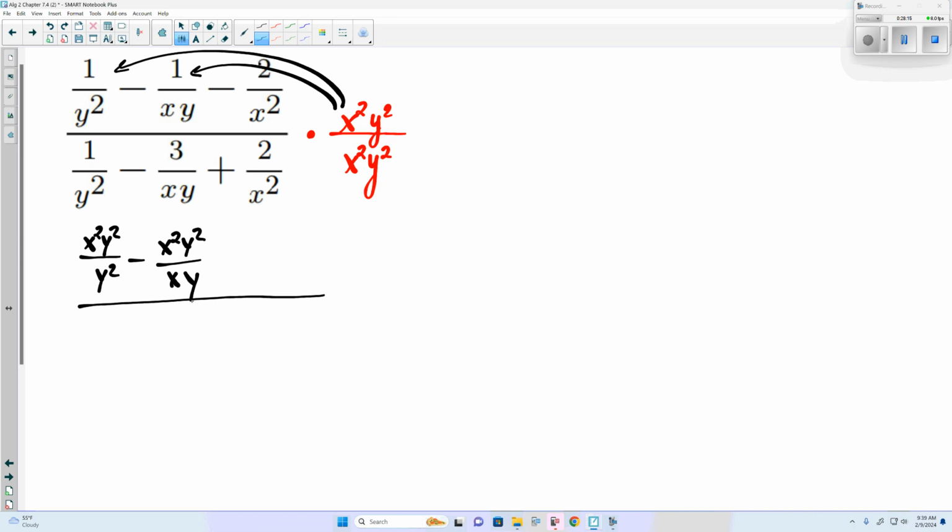Will x squared over x simplify? Yeah, because it's just multiplied, x over x, y over y. So luckily we didn't need an xy term, we just needed the x squared y squared, because x over x, or x squared over x, y squared over y. Minus, our last one's going to be 2 x squared y squared over x squared.